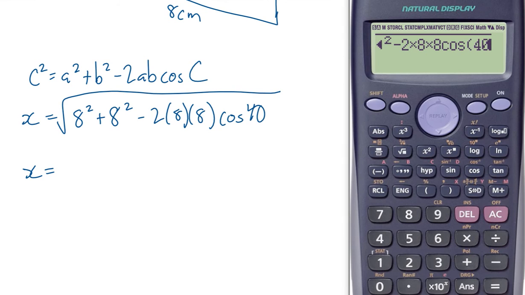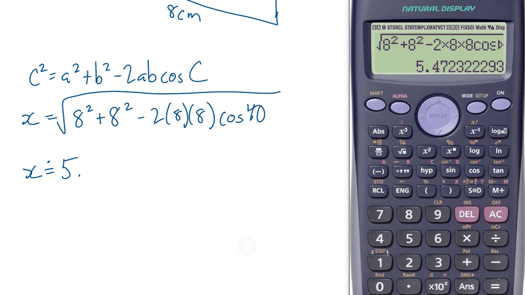Okay, and I've noticed the trick is, again, that when it's in a square root, I have to close the bracket. A lot of calculators are not picky about that. You don't have to close brackets at the end. It just assumes that's what you're doing. But when it's in a square root or a fraction or something like that, this calculator would give me an error. So I close that and I get 5.4.